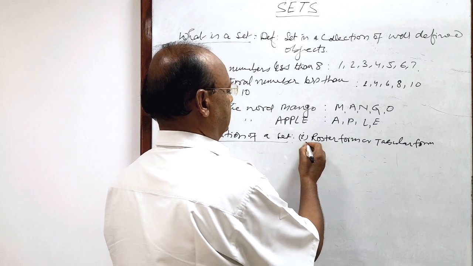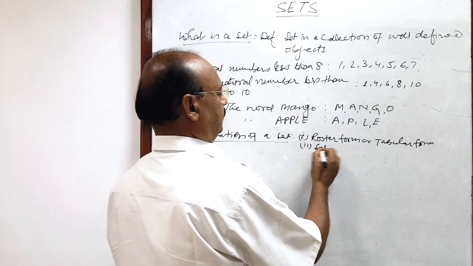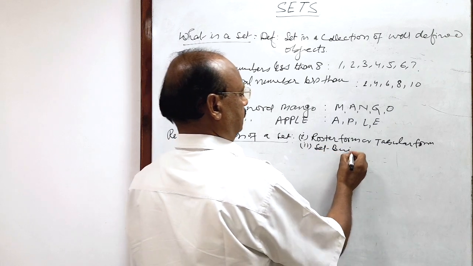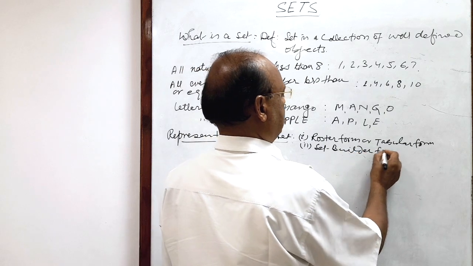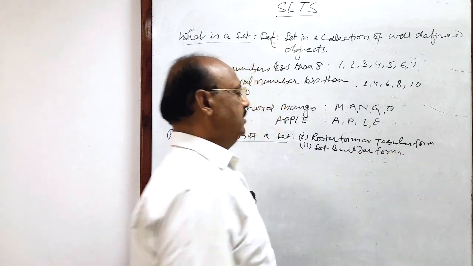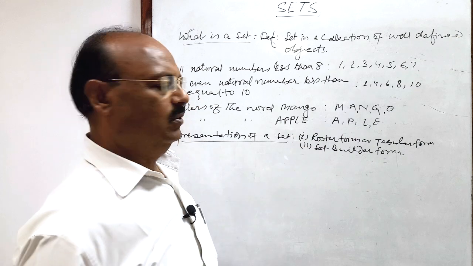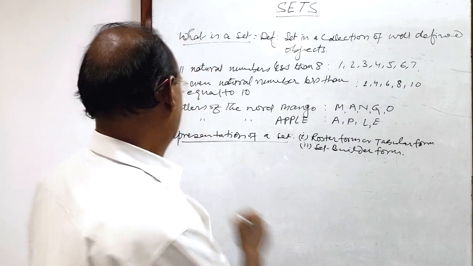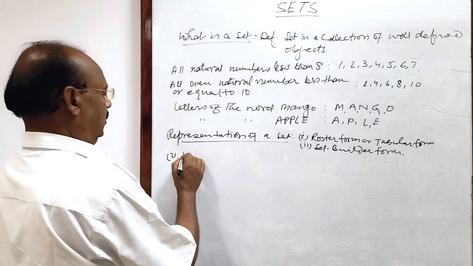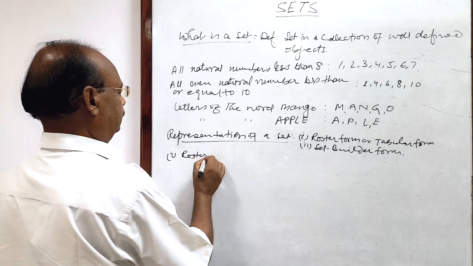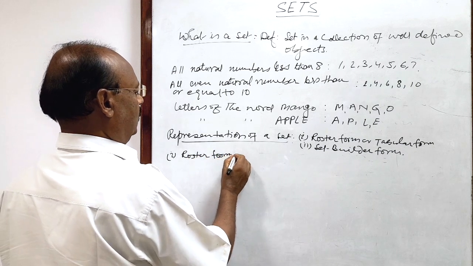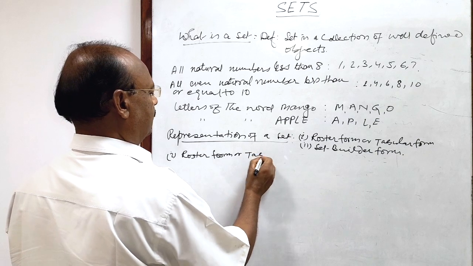And second is set builder form. Let us discuss each of these 2 forms separately. So first is roster form, or it is called tabular form.